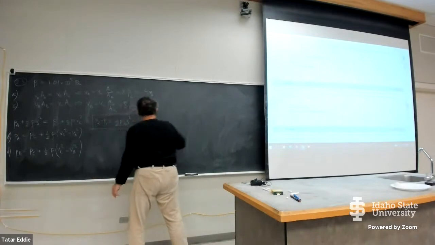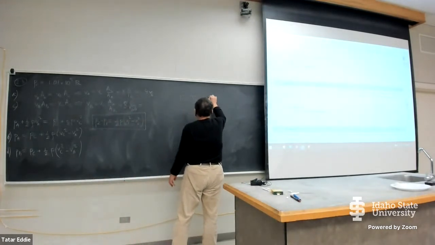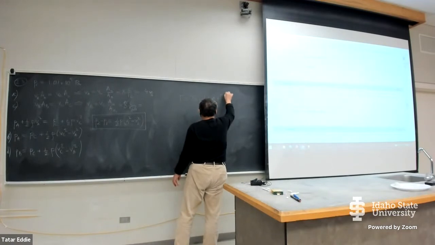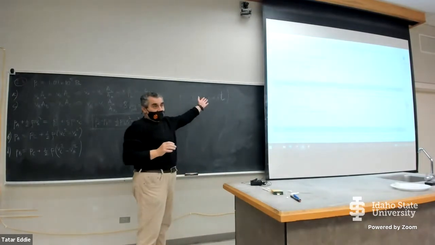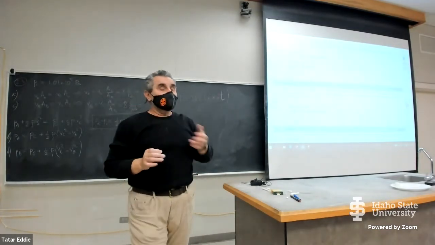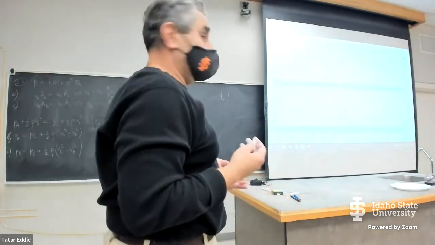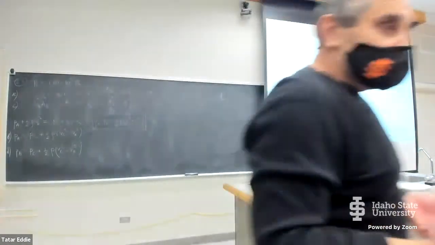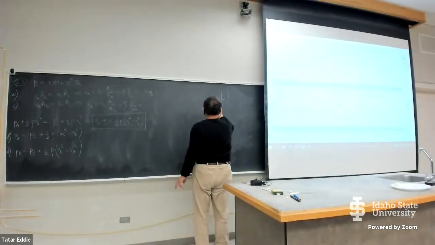So T is T naught times the square root of 1 plus alpha delta T, with delta capital T. So you have to find the coefficient of linear expansion for brass, and that's 19 times 10 to the negative 6.